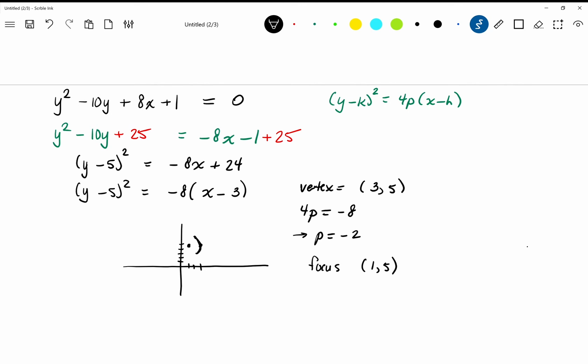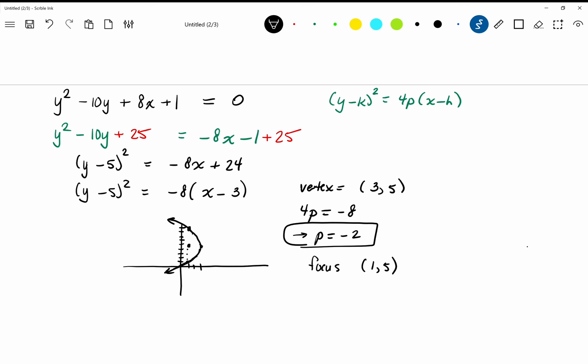Since p was negative 2, that means 4 units away. So I'm going to have one point that is 4 units above the focus. I'm just going to erase this to make it a little more clear. And I'm going to have another point 4 units below the focus. So I basically know that my parabola has this shape right here.